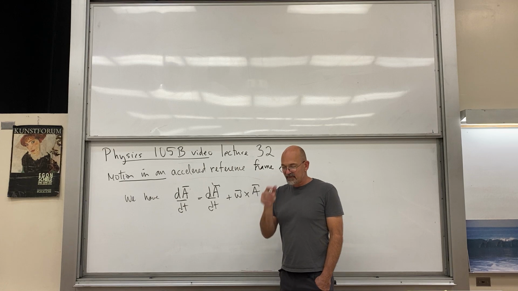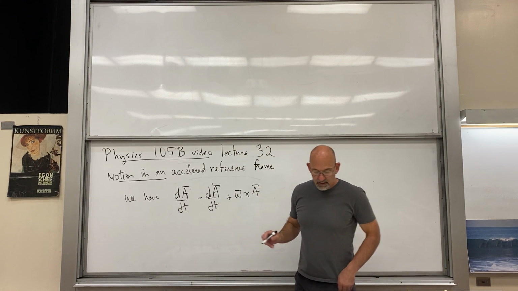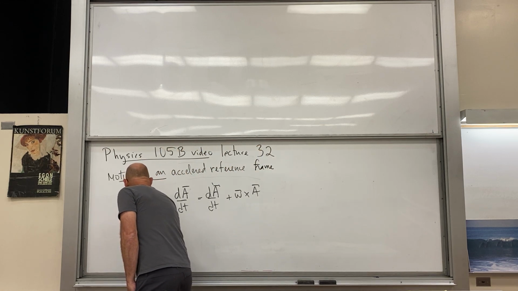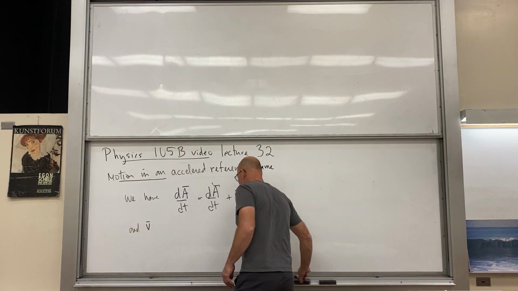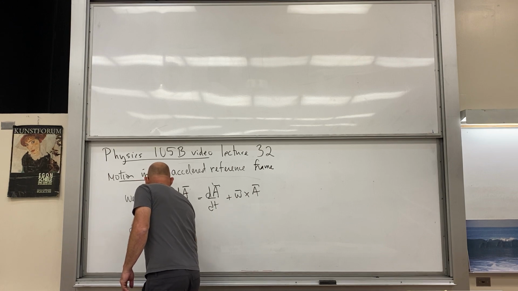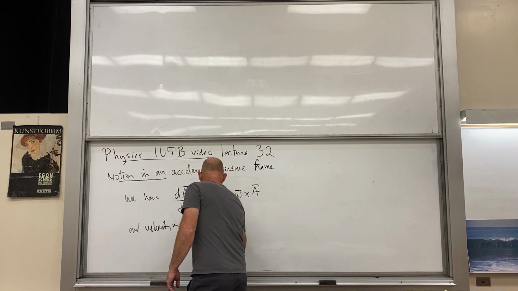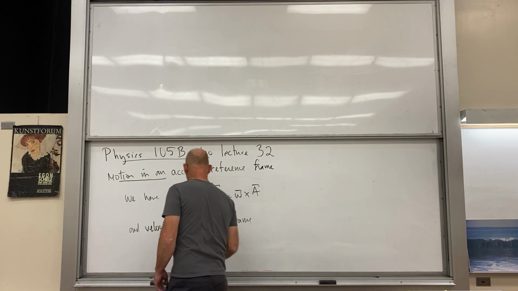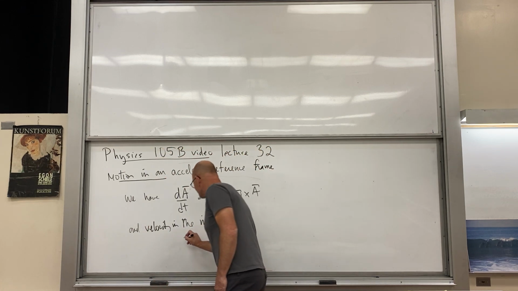And we also have an expression for the velocity in the inertial frame. Velocity in the inertial frame. This is what we started with when we were starting to talk about rigid body motion.